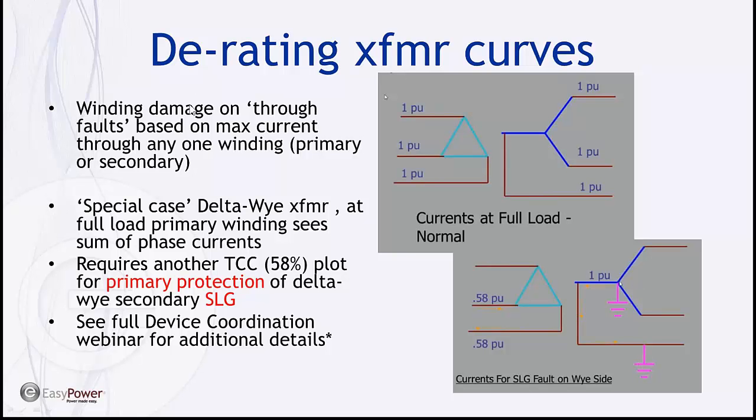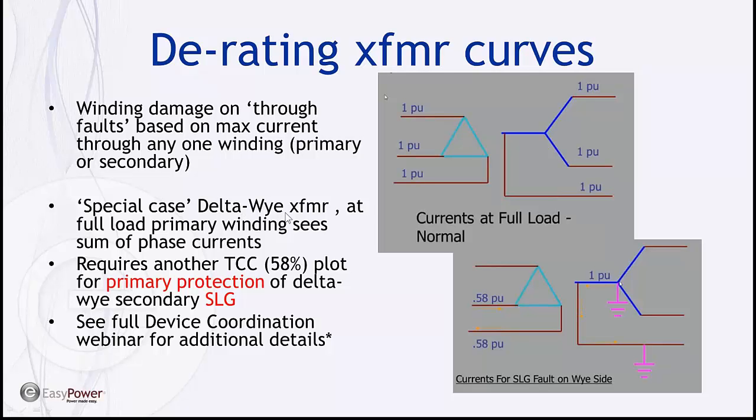All of the protection devices set up for transformers are based on through faults, which means they're not internal faults or something that happened on the secondary side. And as a result, what we're plotting, at least on the full load currents, is the curve we just demonstrated.